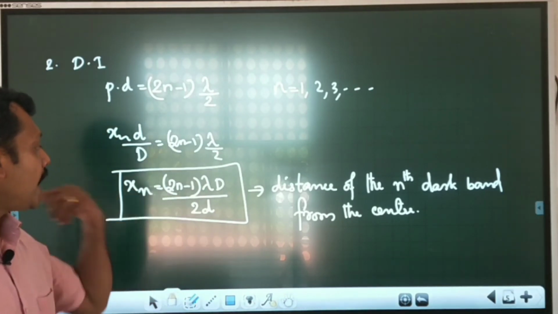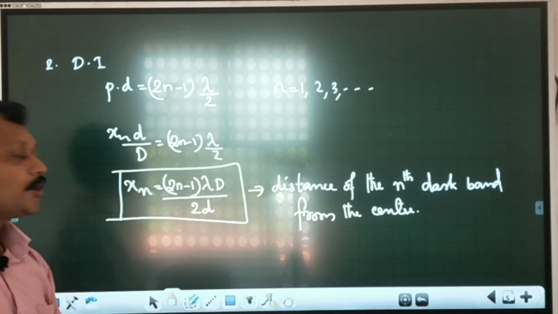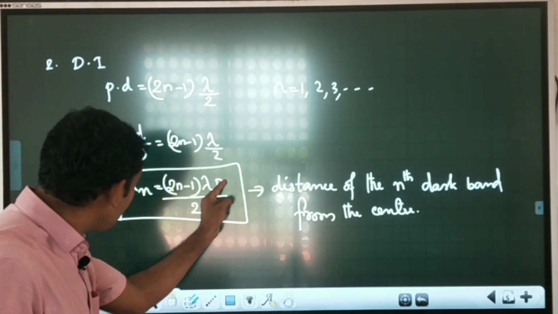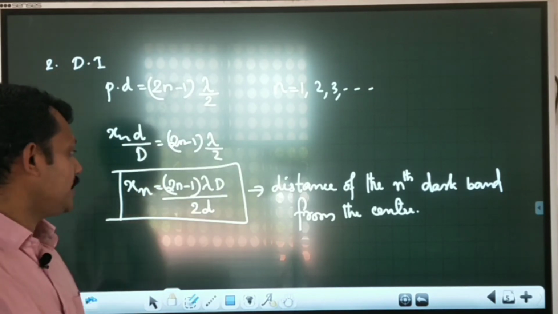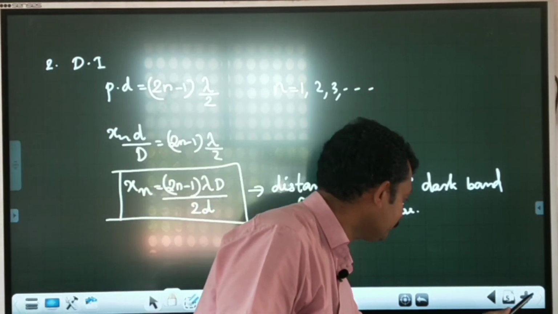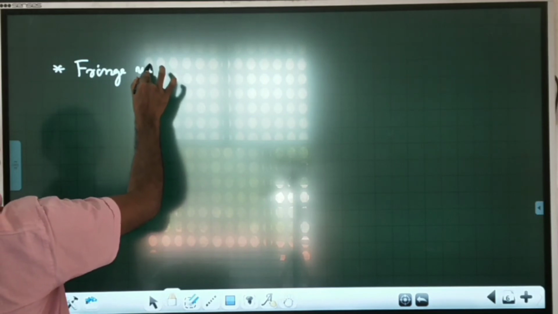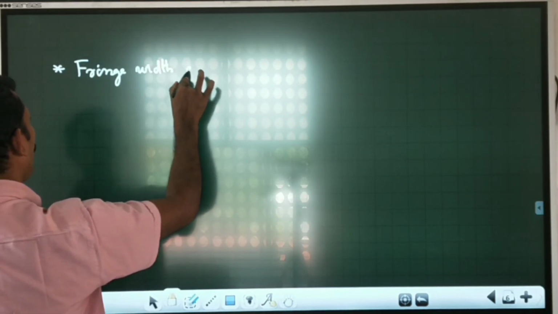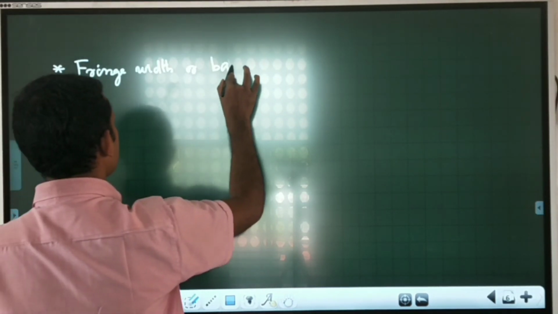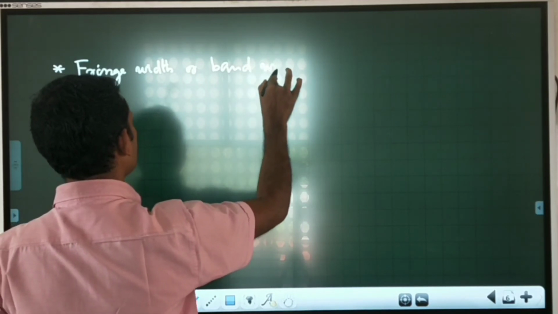Distance of the nth dark band from the center is xn is equal to 2n minus 1 lambda capital D divided by 2 small d. Yes. Now we have to discuss what is called fringe width, or band width.